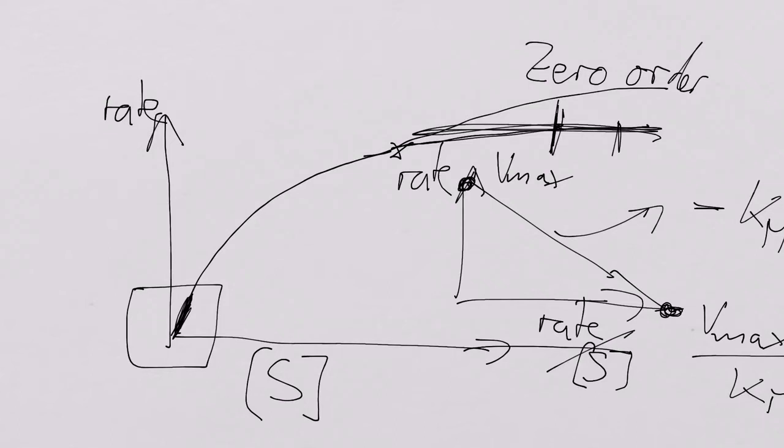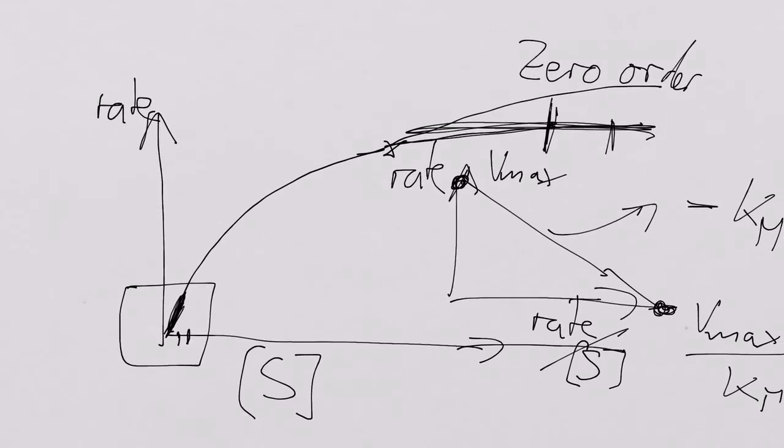Or in other words, what happens if I increase the substrate concentration? Does this have an effect on the rate? I increase from here to here, from here to here. Does that change the rate? It changes the rate dramatically, namely from here to here.